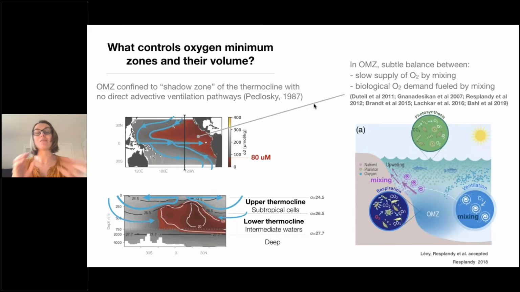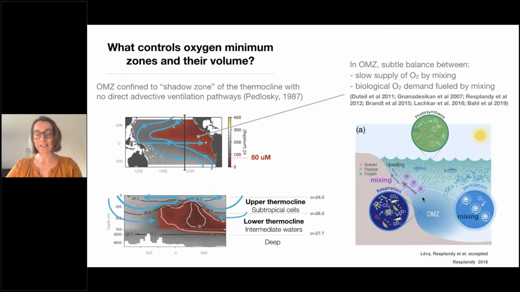It's a very subtle balance between the slow supply of oxygen by mixing and the biological oxygen demand by respiration, which is also linked to mixing, because with more mixing or vertical exchange, we expect more nutrients, more production, and then more oxygen demand. So it's a subtle balance because mixing has opposing effects. More mixing will increase the supply of oxygen, but it will probably also increase the oxygen demand and respiration.